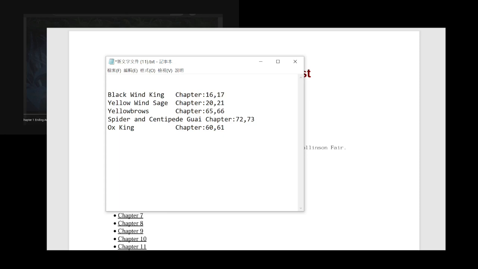The first chapter in the game is related to chapters 16 and 17 in the book, and the second chapter is related to chapters 20 and 21 in the book. For the third one, it's 65 and 66, for the fourth chapter, it's 72 and 73, and for the fifth chapter, it's 60 and 61 in the book. And for the last chapter, of course, it's the whole story of Sun Wukong, so it's about the whole book.